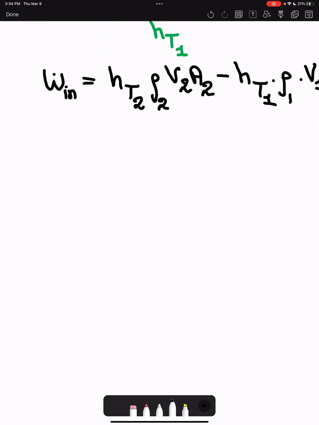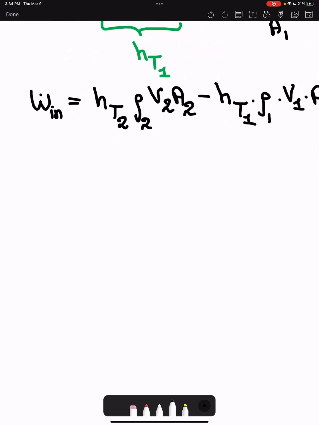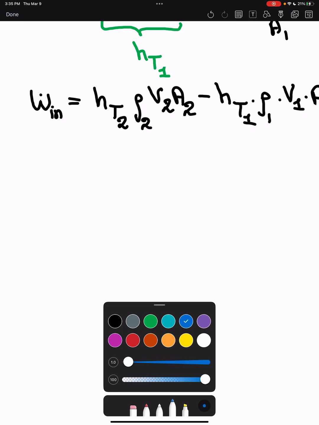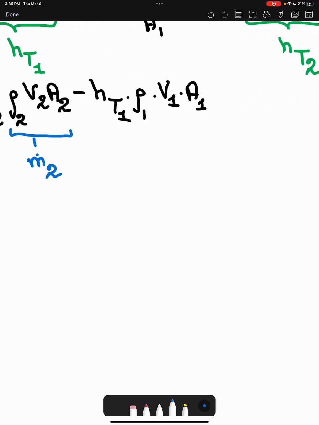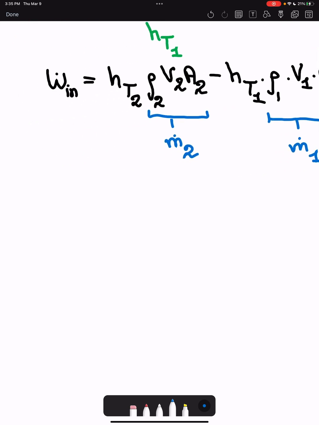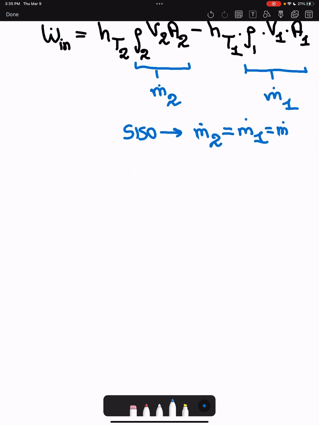So now that we have that, we realize that this is m dot 2, and this is m dot 1. Now, for SISO, single in, single out, m dot 2 is equal to m dot 1, so we'll just write it as m dot.